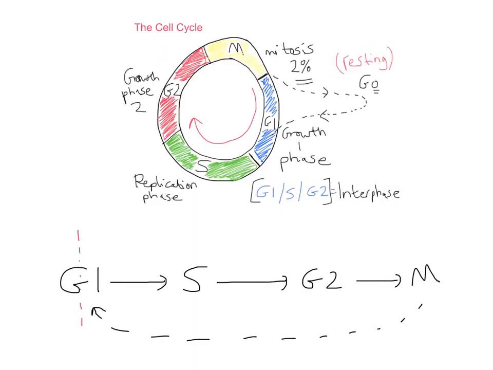And it's to make sure that the first phase of growth has happened correctly, that the organelles are forming as they should. So I should really have drawn this red line a little bit further on, but the first checkpoint to make sure everything is okay is at the end of G1.